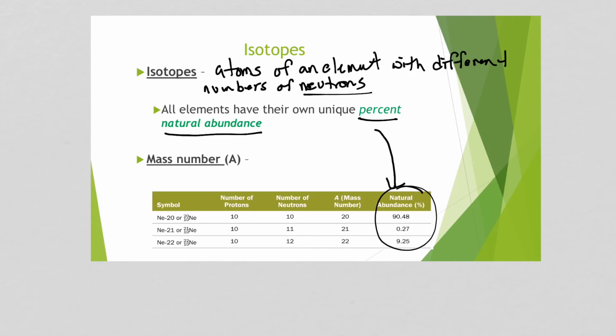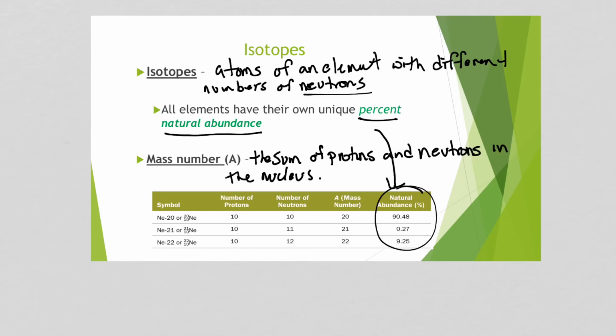Now, there's one other number that we have to think about here, and that is what we call the mass number. So the mass number is simply the sum of protons and neutrons in the nucleus.